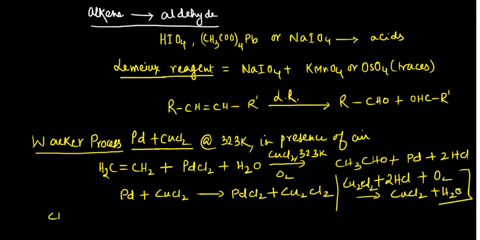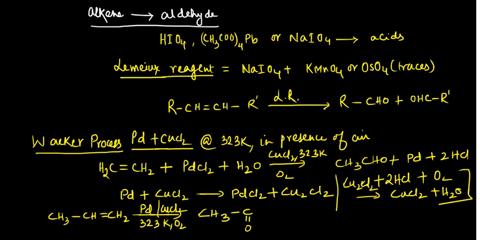If you use CH3CH=CH2 and use the same reagents, PdCl2, CuCl2, 323 Kelvin, O2, then you will get ketone, because this carbon is going to get the carbonyl group.